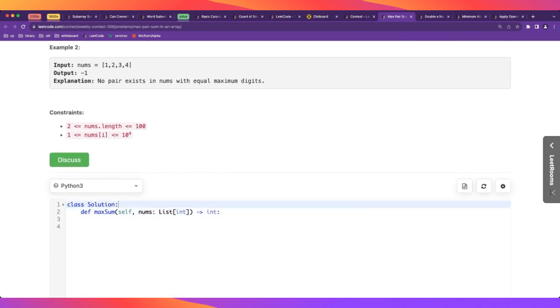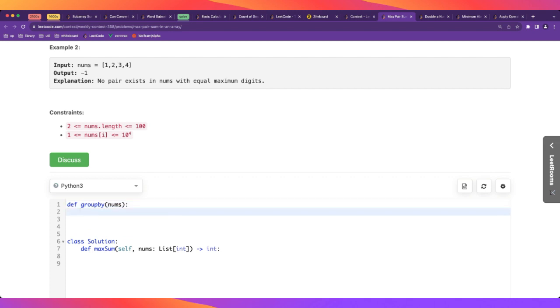How do we do that in Python? We can use defaultdict. I like to decompose the problem and write functions. So we'll call it group_by because it's pretty much the concept here. And we are going to have a defaultdict, let's call this groups to be more descriptive.